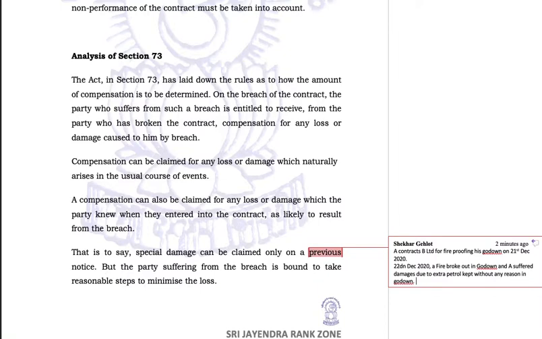He was also duty bound that when there is a breach by the other party, he should not have kept those cans of petrol or kerosene, inflammable oil, unnecessarily in his godown. He should have removed those things, but he did not. So the other party cannot be held liable for unnecessary damage which could have been avoided by A. Any avoidable damage will not be automatically put upon the other party.